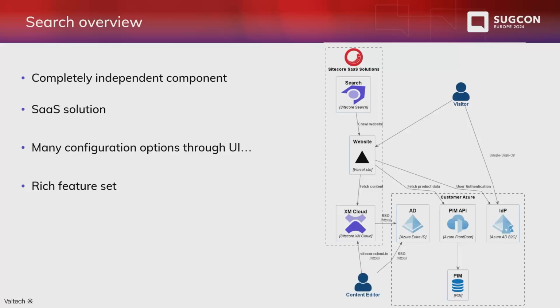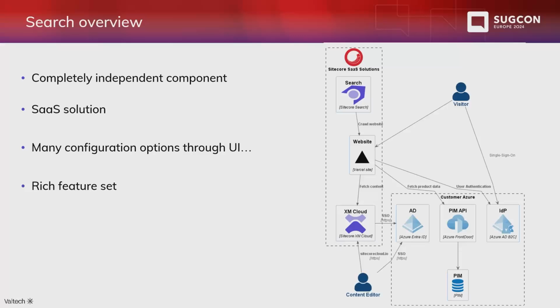There are many configurations that you can make within the CEC, the UI interface for search. Many of us in here like other things than UI. It has a very rich feature set and can be used for low-tier customers and all the way up to enterprise customers. We have production solutions running in both ends.